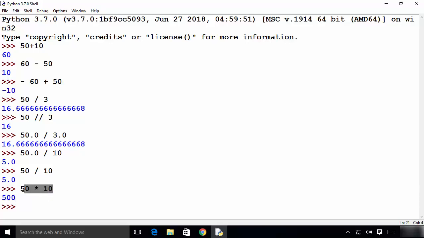What we are doing here, for example multiplying two numbers, dividing two numbers, or the addition or subtraction of two numbers, is called an expression in Python. So 50 multiplied by 10 is an expression. I have already told you that these symbols for multiplication or division are called operators.